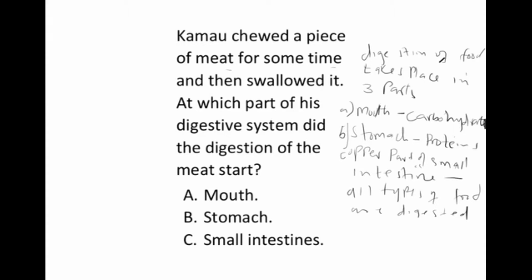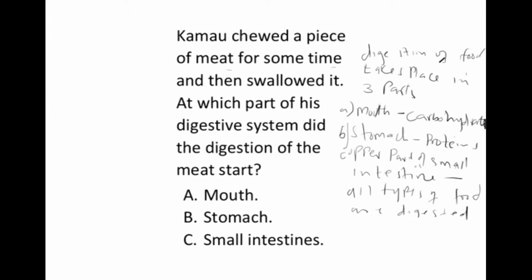So using that information now, we can know where the meat that Kamau ate, where its digestion started. So the digestion of that meat started in the stomach. Why is it in the stomach?